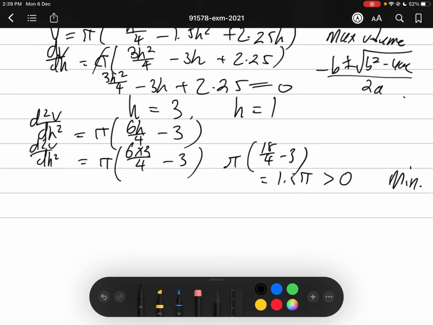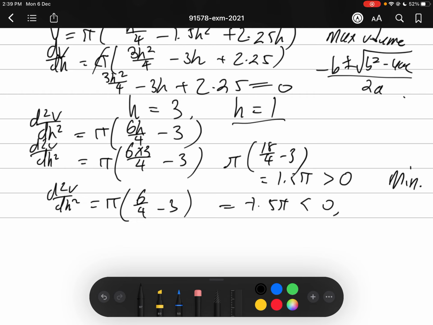And if we try h equals 1, the second derivative is equal to pi times 6 over 4 minus 3. And that's equal to negative 1.5 pi. So this is less than 0, so by the second derivative test, this is the maximum. So h equals 1 is what we want here.